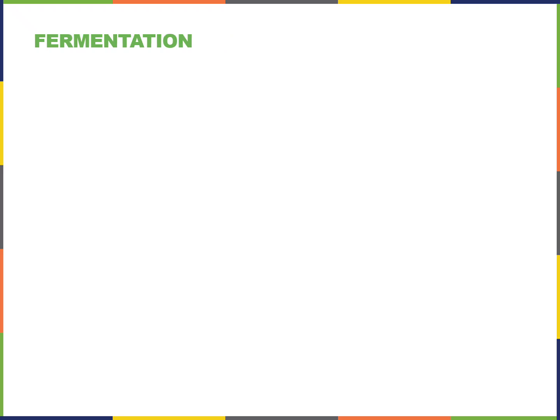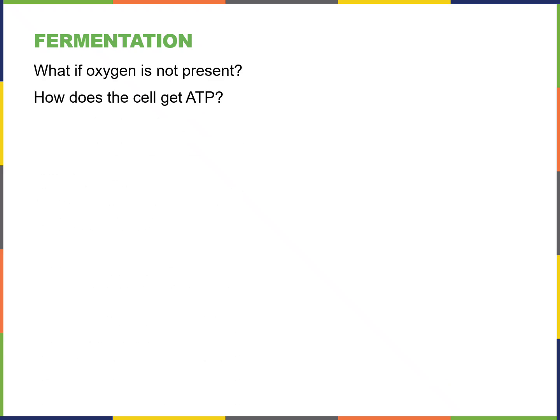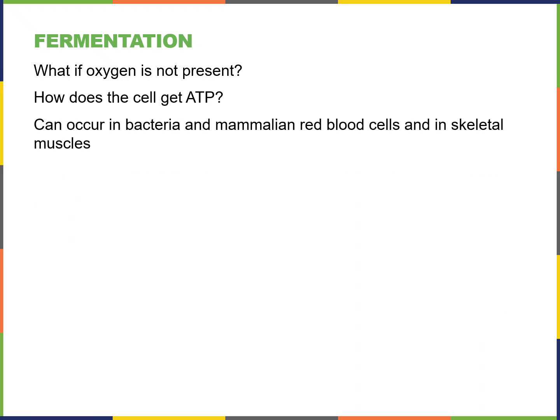So fermentation usually only happens in animal cells if oxygen is not present. How do the cells get their ATP? This fermentation process, it's not as efficient and effective as our electron transport chain. It doesn't make as much ATP.